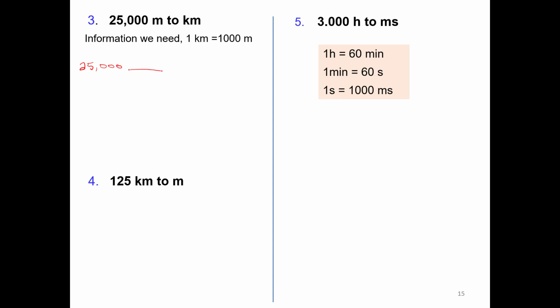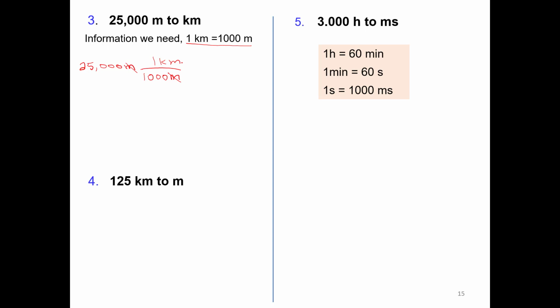Now we need to write the appropriate conversion factor in the way the meters cancel out. Then 1,000 must be in the denominator and 1 kilometer on top. In this way we cancel out the meters, and the answer is in kilometers.